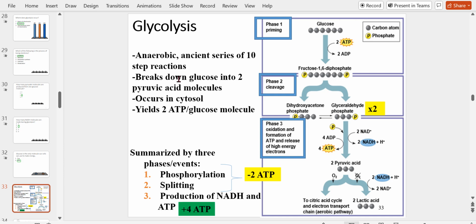So glycolysis, as you remember, is anaerobic and very ancient. It has 10 steps, though I'm not asking you for the 10 steps. It breaks down glucose into 2 pyruvate molecules, occurs in the cytosol, and yields 2 ATP per glucose molecule.